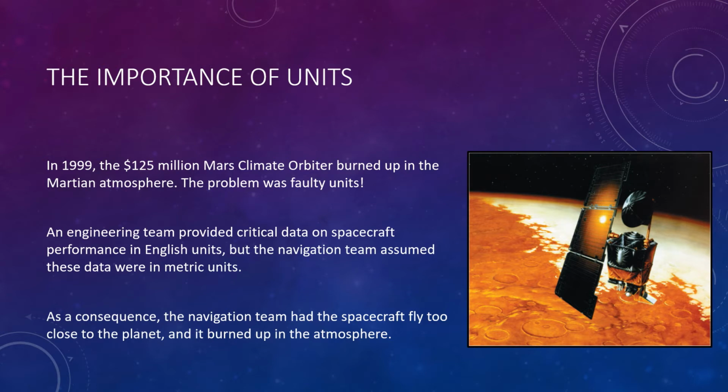And so it was basically just forced too hard into the atmosphere and it burned up. Of course, this is an extreme example. Hopefully, if any of us go into the sciences, we're not making $125 million mistakes because of something so silly. But it gives you a really big idea of how important units can be.